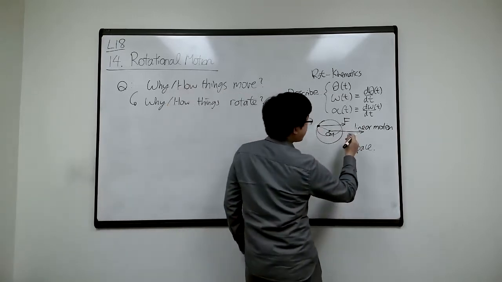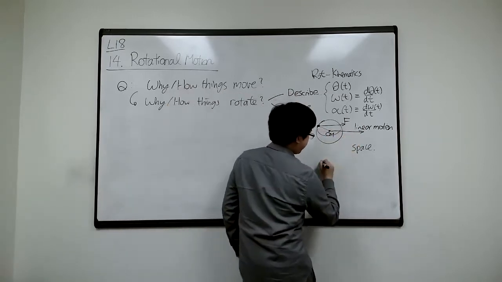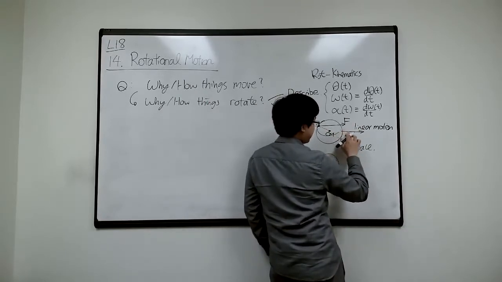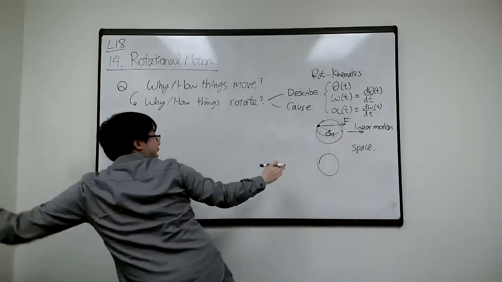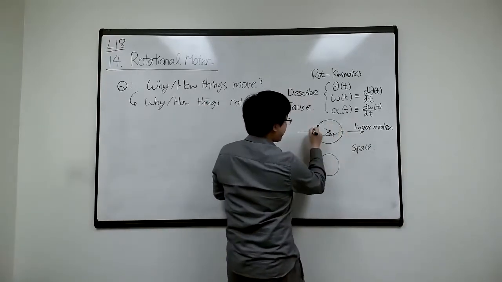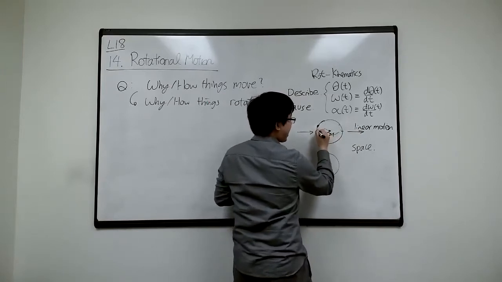Maybe I should draw a separate diagram. Let's keep that in case you're copying notes. So if I punch it over here, this is the point of contact, and that's the force.